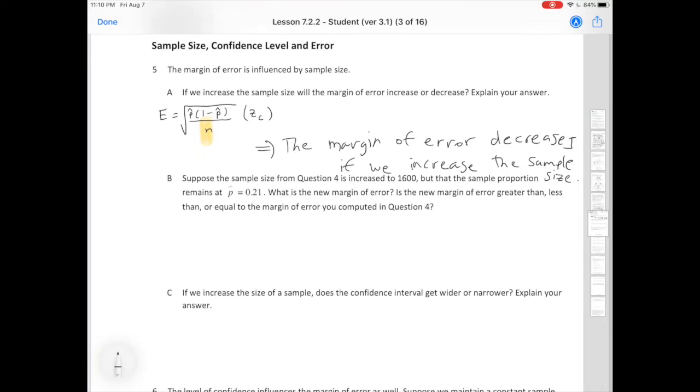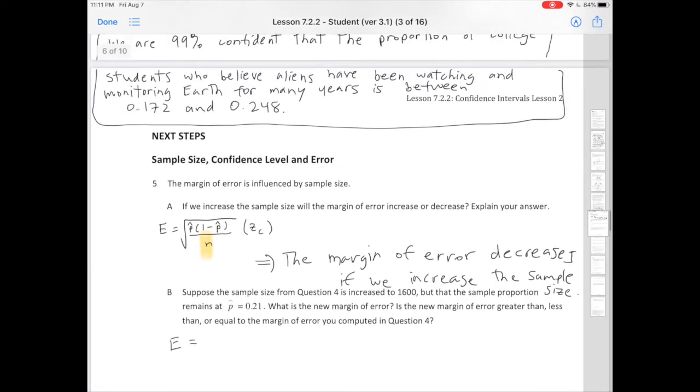Suppose the sample size from question 4 is increased to 1600, but that the sample proportion remains at p hat equals 0.21. What is the new margin of error? And is the new margin of error greater than, less than, or equal to the margin of error that we computed in question 4? Okay, well, we're going to do the exact same calculation that we did earlier.